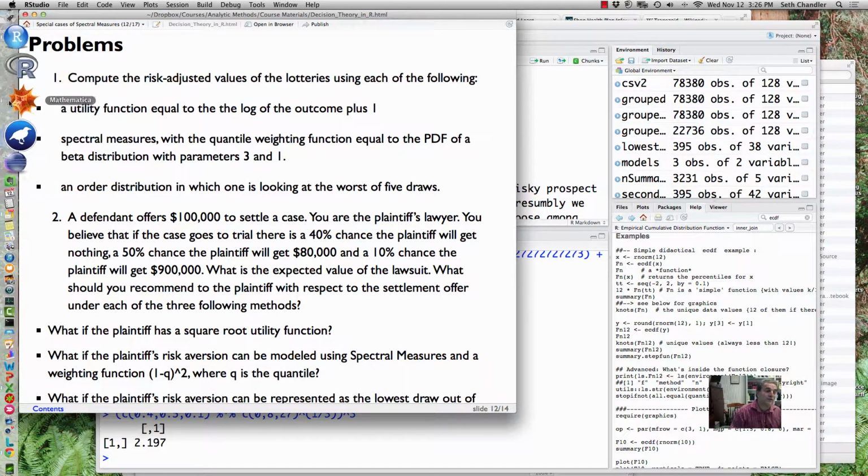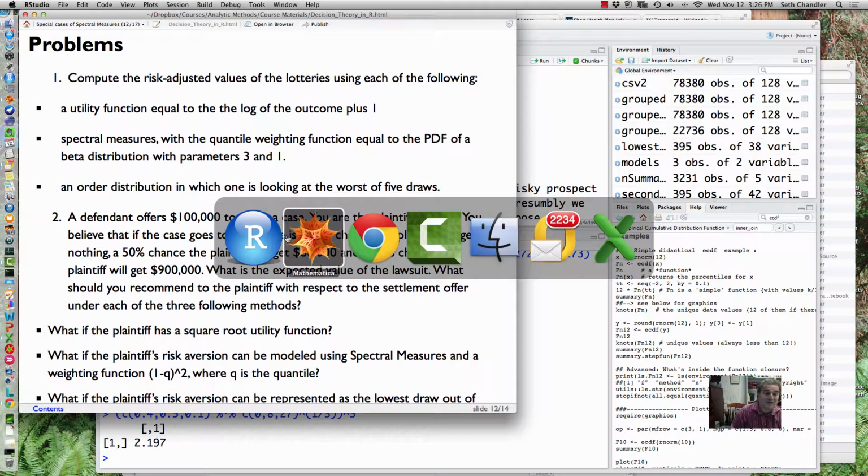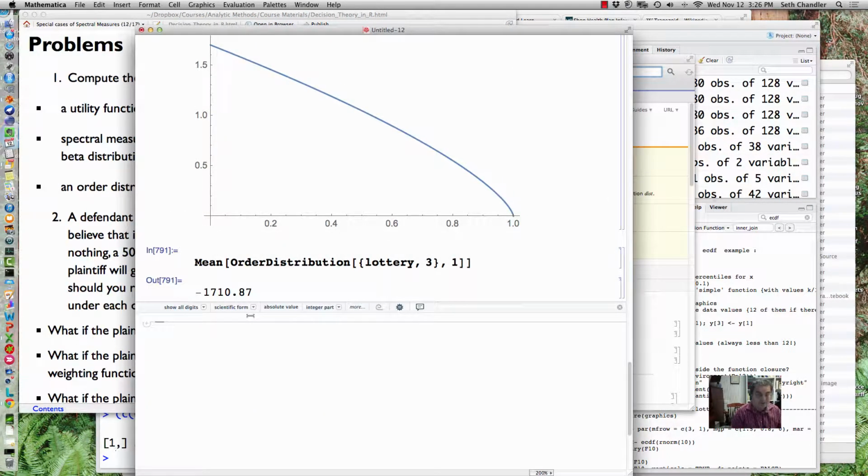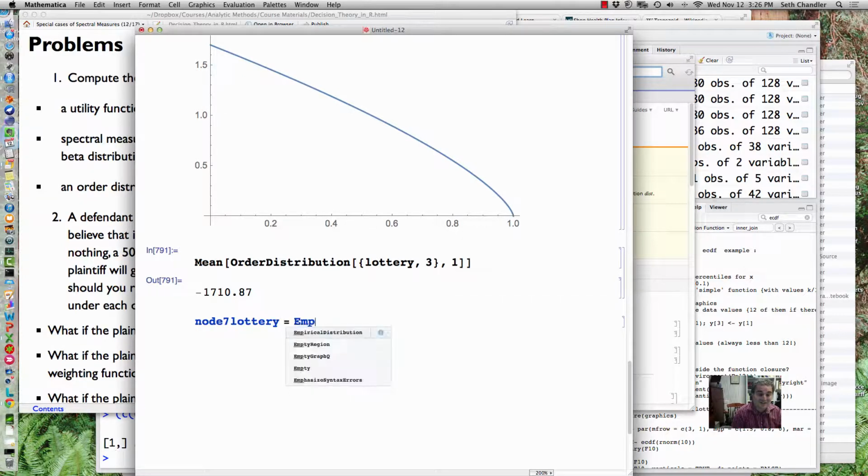So let's figure out the spectral measure here, or the order distribution. Let's actually create this. This is the node 7 lottery, and that is the same thing as an empirical distribution, where the probabilities are 50-50, and the outcomes are 1 and 15.